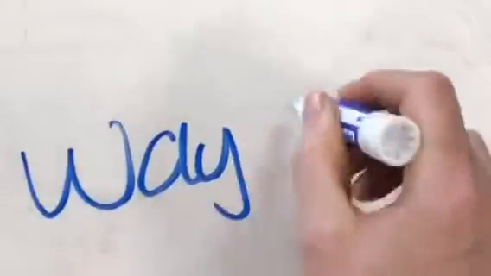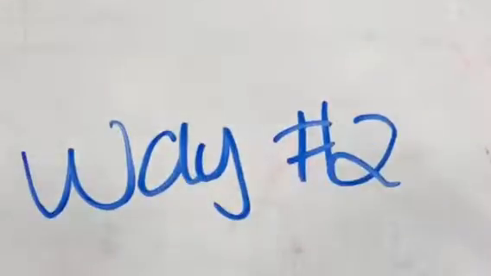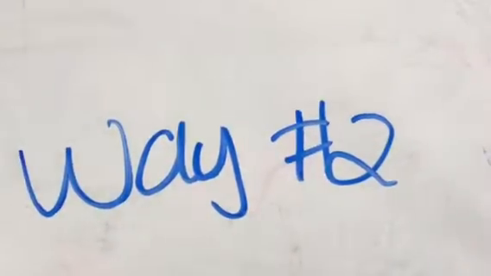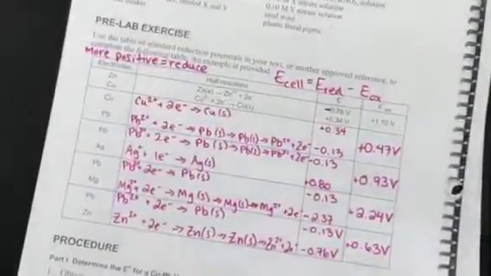Here is way number 2. This is the way that the Advanced Chemistry with Vernier lab actually presented it. So you've got this way, but you've also got another way.